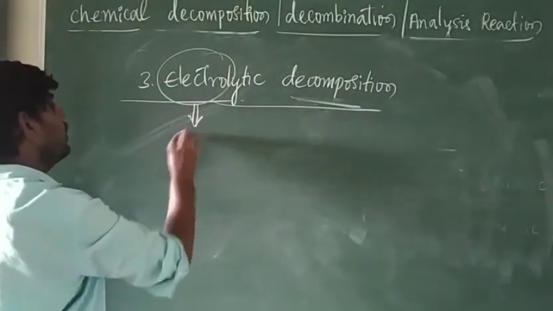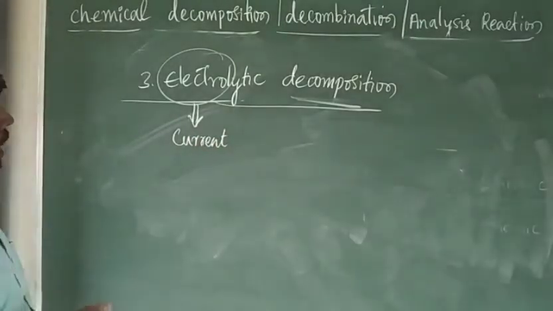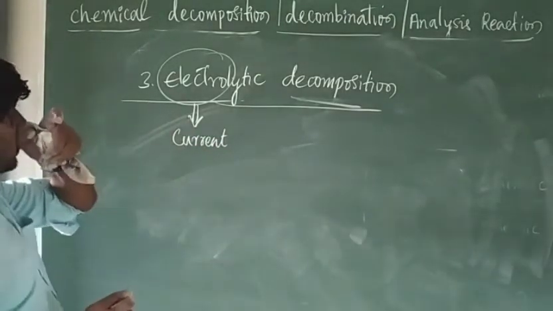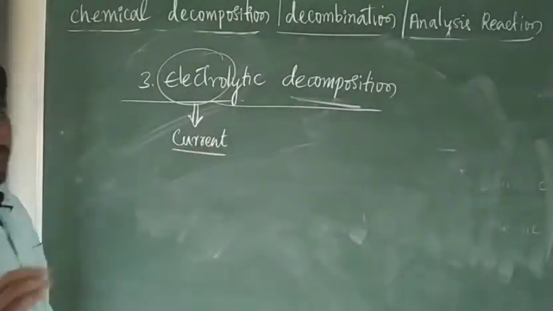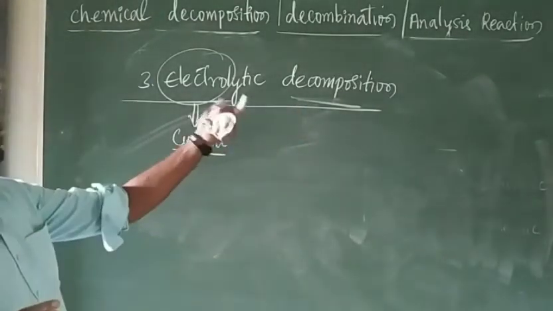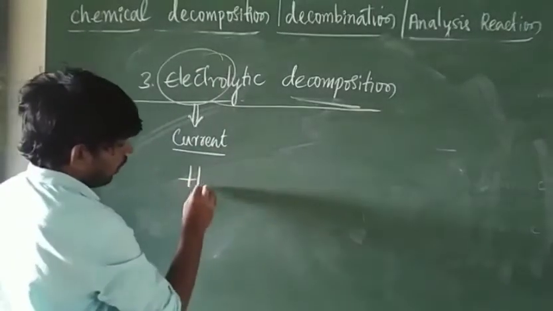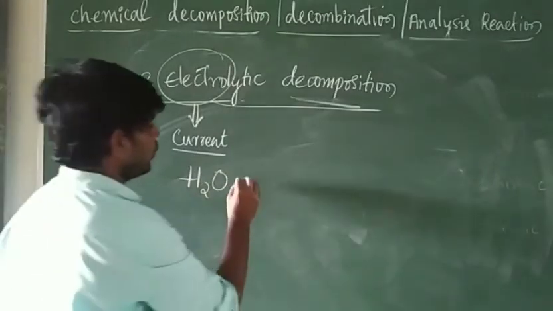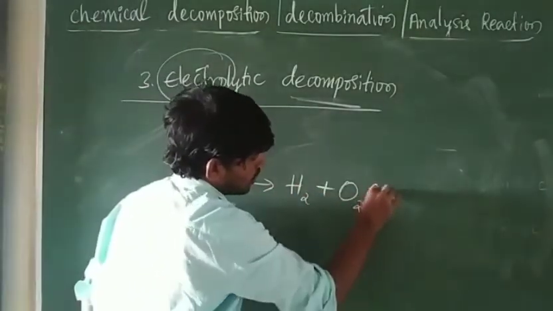Electro here means current. By absorption of electrical energy, I mean current, if a decomposition reaction takes place, we call such a reaction electrolytic decomposition. Example, water forms hydrogen gas and oxygen gas.